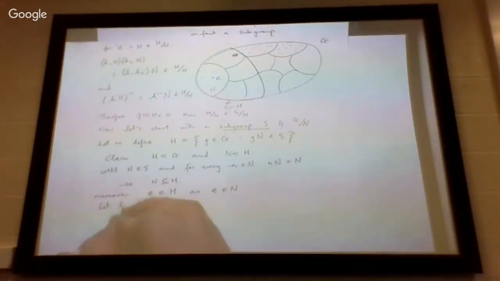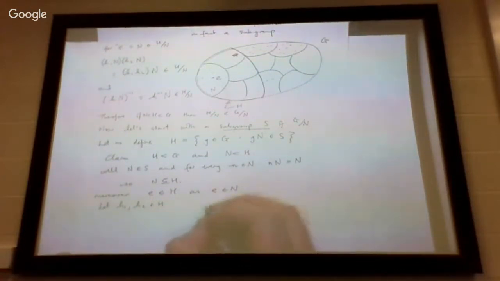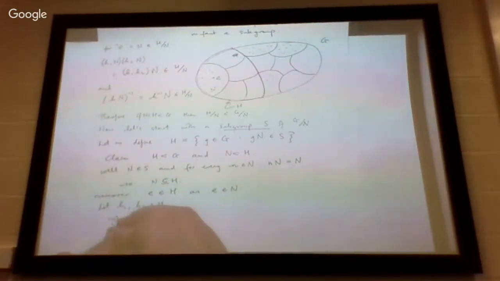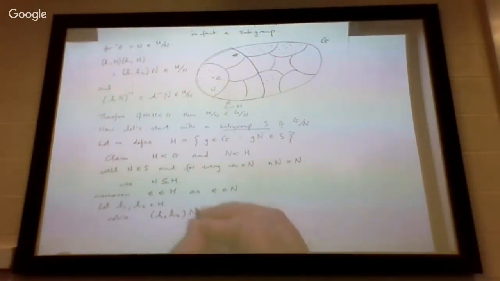So you let H1 and H2 be in H. Now, what does the product do? Well, notice that the product H1, H2, if you look at the coset represented by that, we know that that's the product of those two cosets.